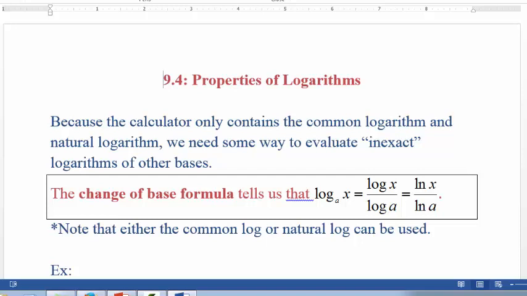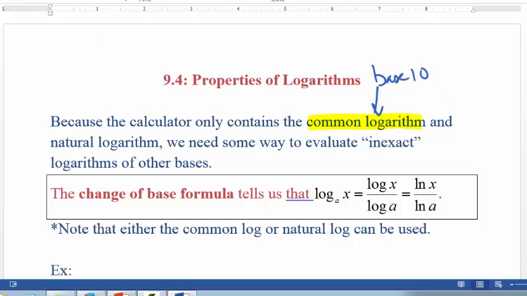All right, so first things first, before we even get into those properties, we have what's called the change of base formula. Because if you noticed on your calculator, you only have two buttons, right? One that says log, which would be your common log, which we said last time was base 10.